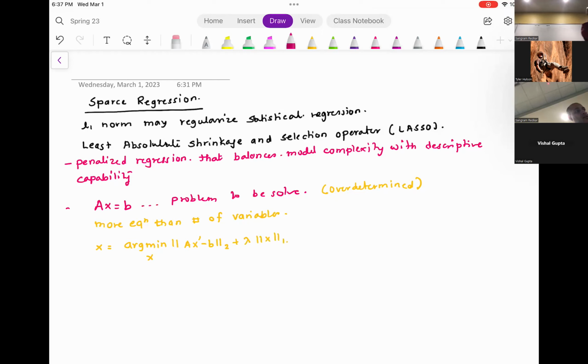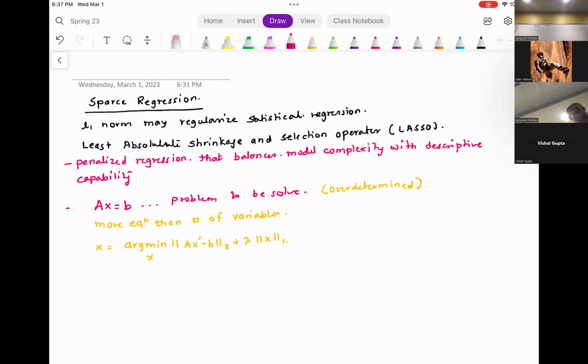Now, mathematically, what this means is you are trying to find certain values of x that satisfy this equation. And now I want you to understand what this equation physically interprets.